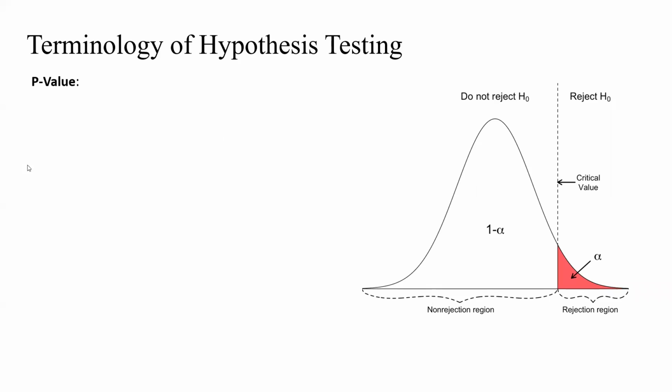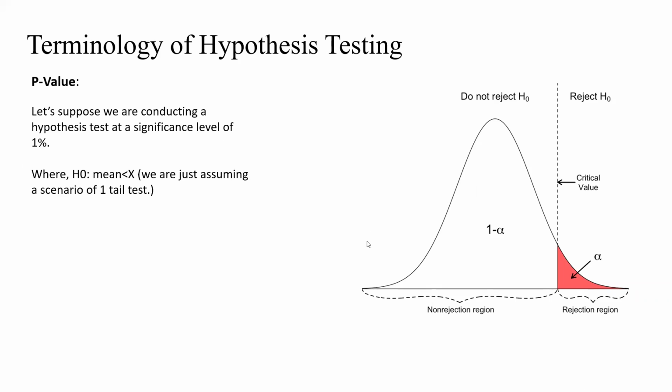Suppose we are conducting a hypothesis testing with a significance level of 1%. Our alpha is 1%, and we'll assume that the shaded region here is 1%. That means 1 minus alpha, 99%, is the confidence you require in your hypothesis testing.